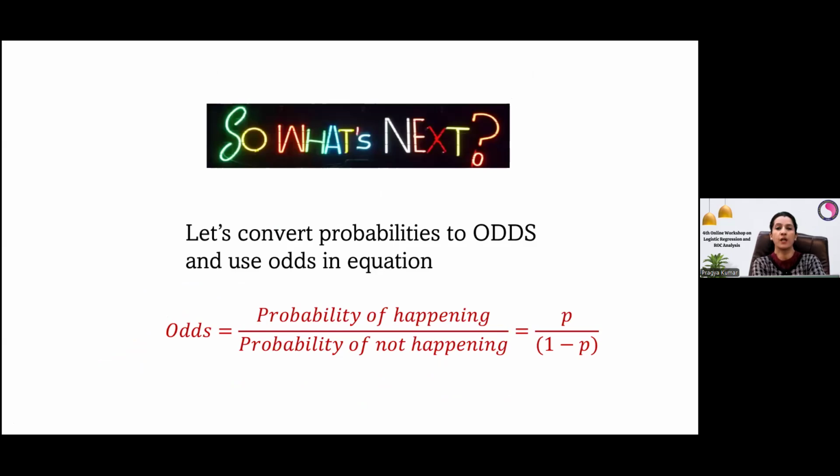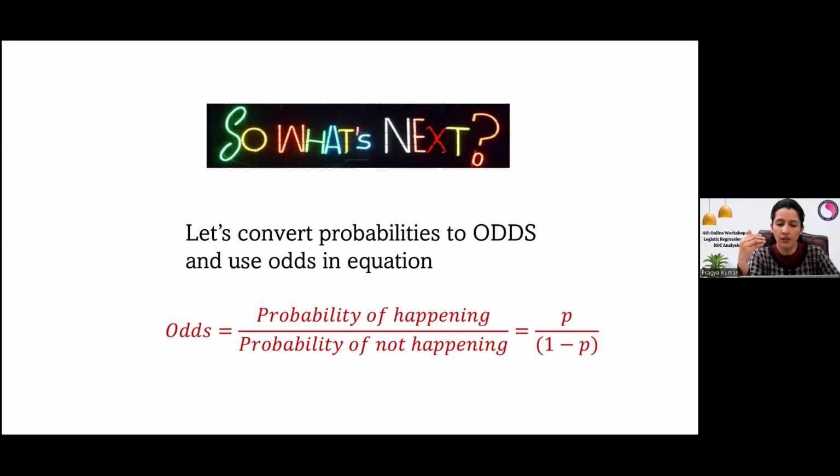So if you convert this probability into odds, then odds can go both into the negative and into the positive. So how can we convert probability into odds? Odds can go to less than 0.